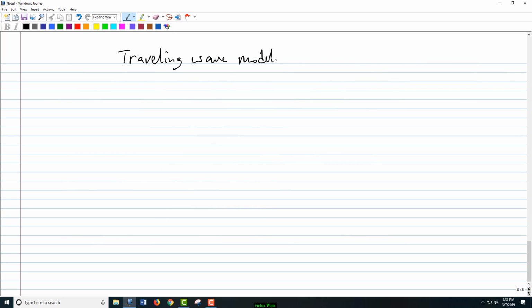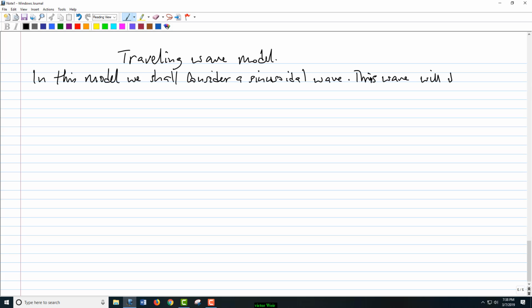In this model, we shall consider what we call a sinusoidal wave. This wave will look like a graph of sine theta plotted against theta. So for example, for our sinusoidal wave, we can think of a wave that looks like what is drawn below. So we have our y-axis and the x-axis this way.